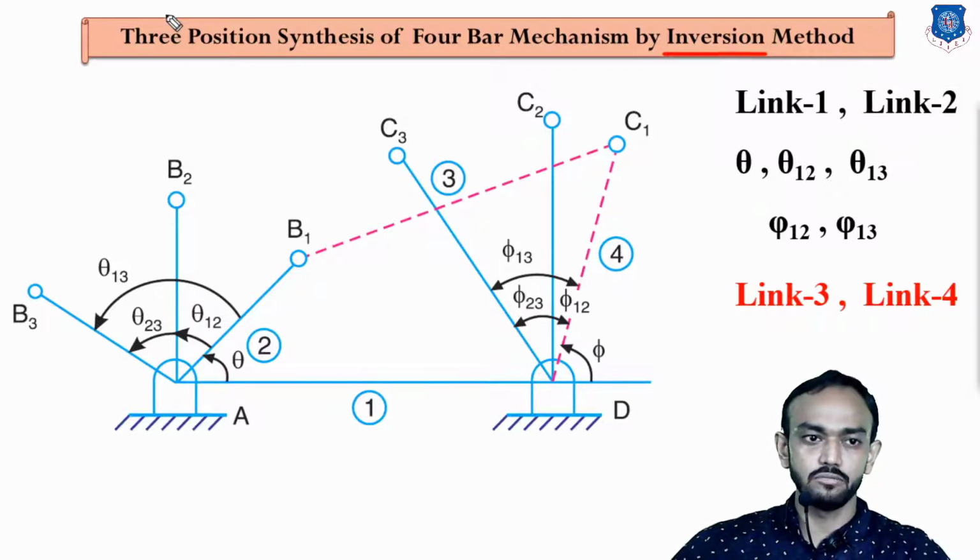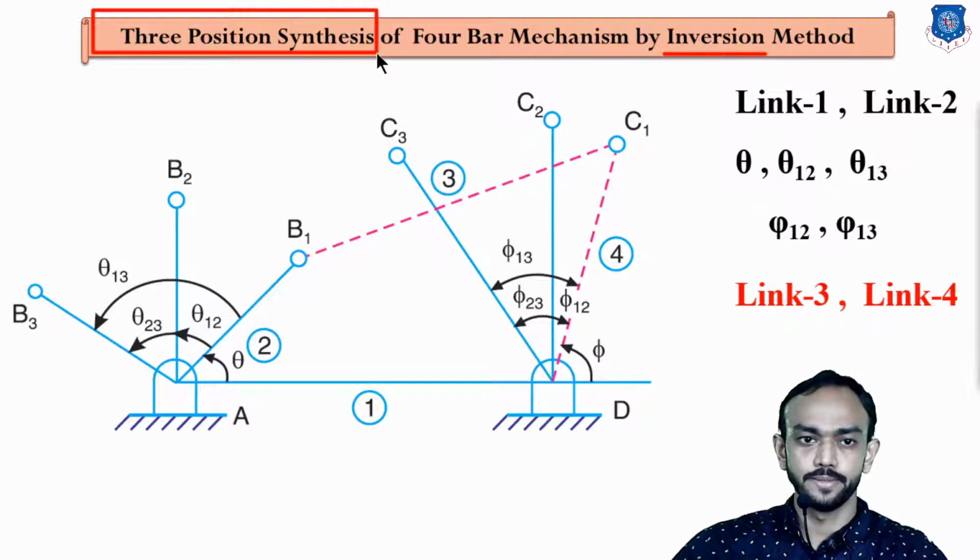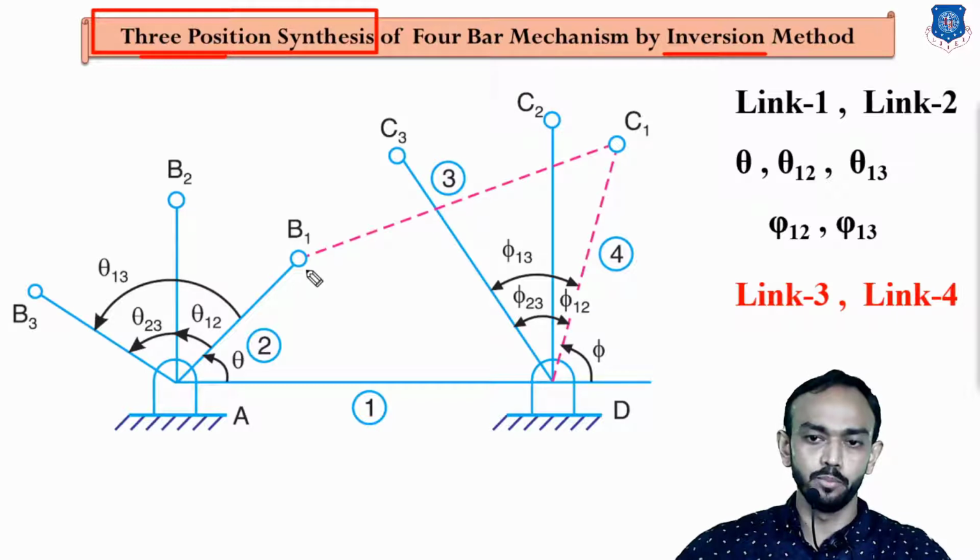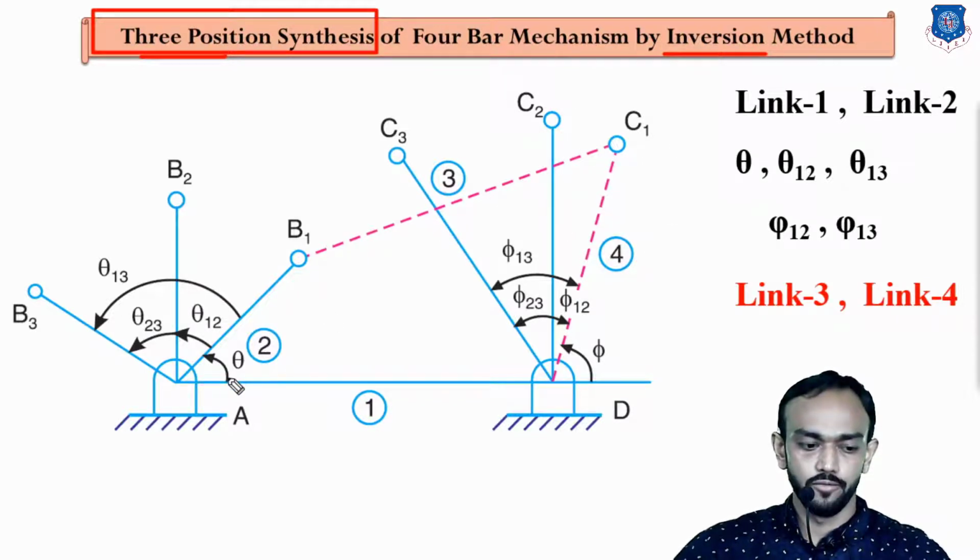So what is the meaning of 3 position synthesis? For 3 position, input and output will be there. For the first position, given here is AB1, making an angle theta.